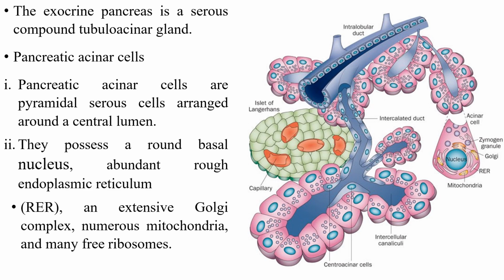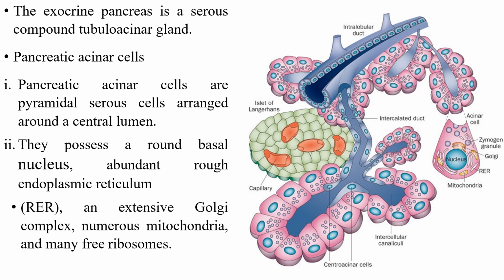That means the exocrine part of the pancreas is composed of serous acinar cells which are connected to tubes, hence they are called tubuloacinar, and they are also called compound tubuloacinar because not only one acinus is present, there are many acini which are connected with one another through the acinar ducts.